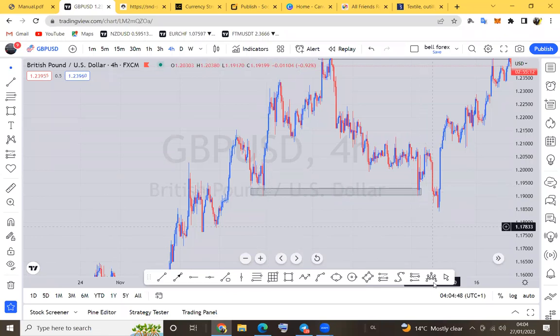If you pay keen attention, you guys are going to realize that something went on here. Something went on here. And the market here reacted on a level here like that. Then quickly went up.